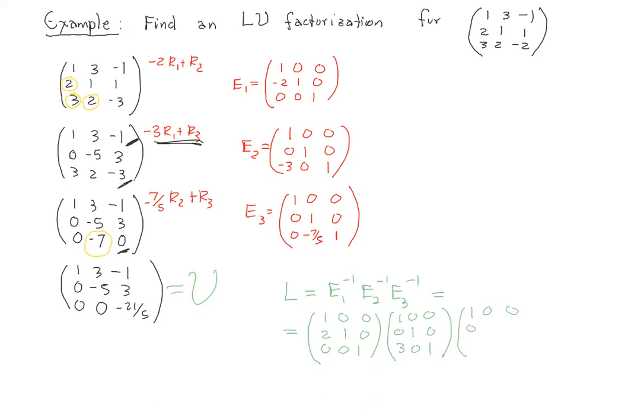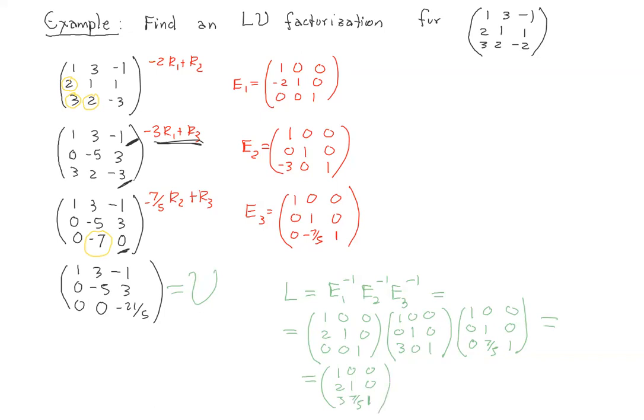You see how I'm taking the opposites of all of the off-diagonal entries. And when we take the product of these three, I will simply find 1, 0, 0, 2, 1, 0, 3, 7/5, 1. And this is L.